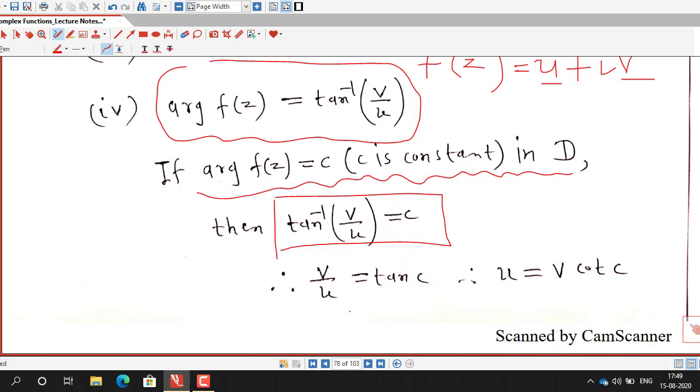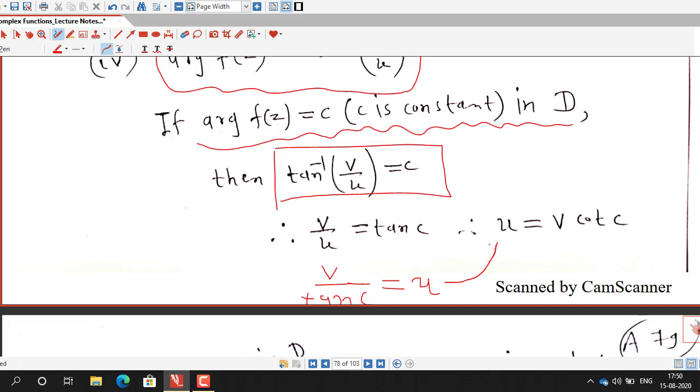And this we can rewrite as v divided by tan c equal to u, and from this we can rewrite as u equal to v into cot c.